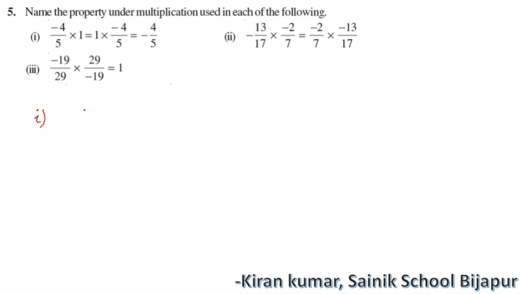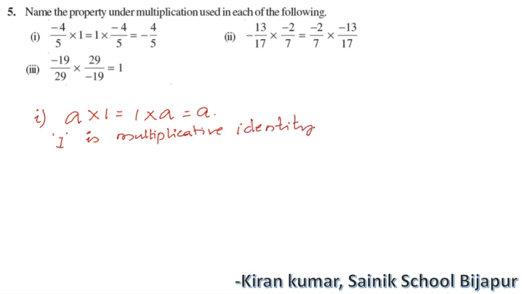We all know that when a is multiplied with 1, this is equal to 1 multiplied to a, this is equal to a. This 1 is multiplicative identity. So the property is the multiplicative identity.